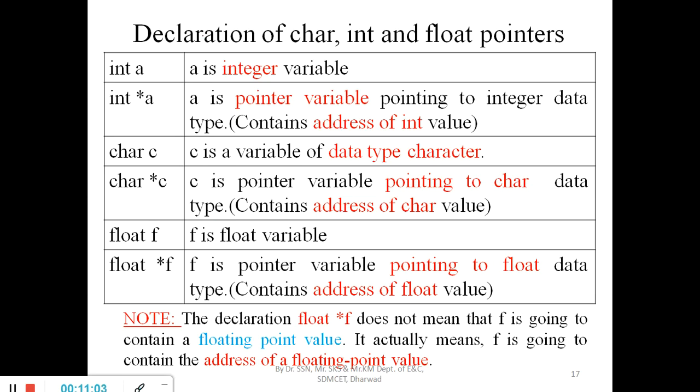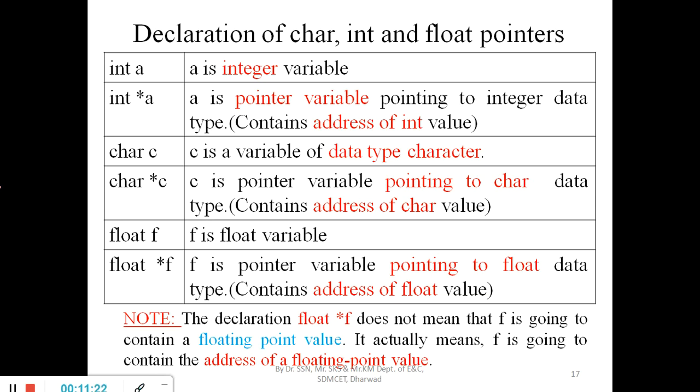Let us learn about the declaration of character, integer and float as pointers. We already understood how to declare integer, floating point and character data types, only with respect to the data types.